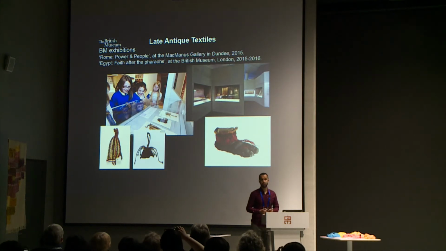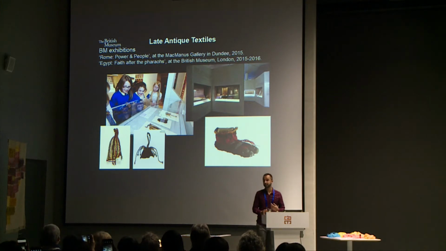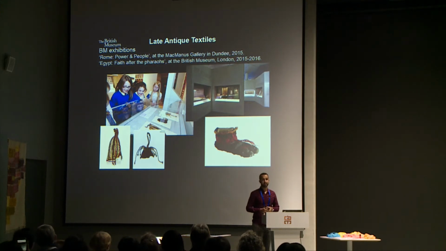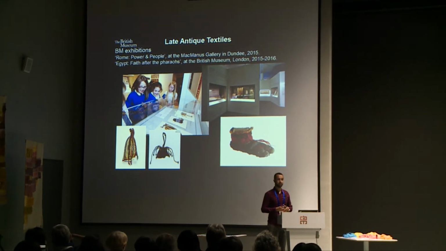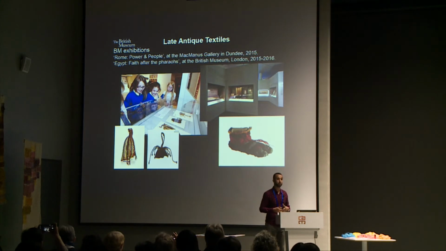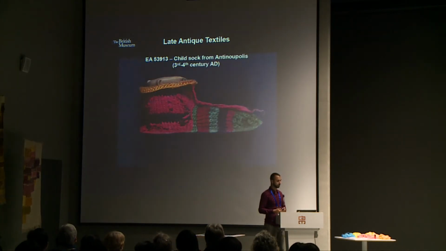And some of the star objects in the British Museum collection from this site had already been exhibited on several occasions. And after the exhibitions finished, we had the opportunity to analyze and investigate some of these textiles.